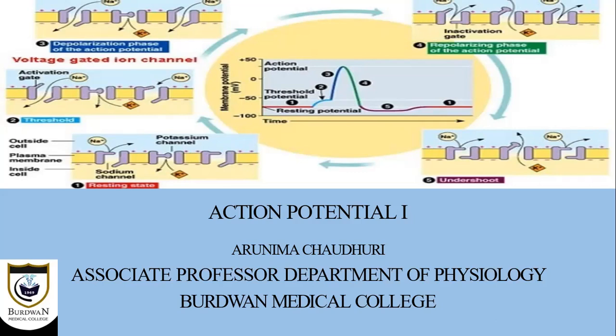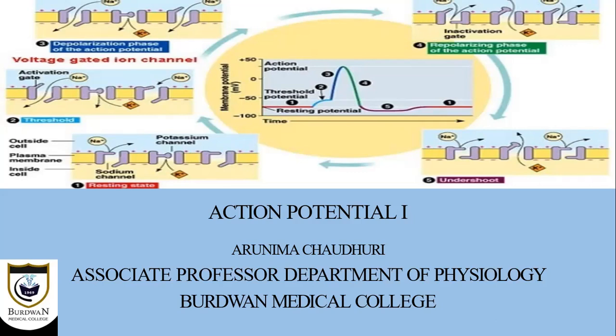Then comes the equilibrium potential and the Nernst equation, where we consider that the membrane is permeable to only one ion. So the ionic and the electrical concentration gradients are two forces acting opposite to one another.